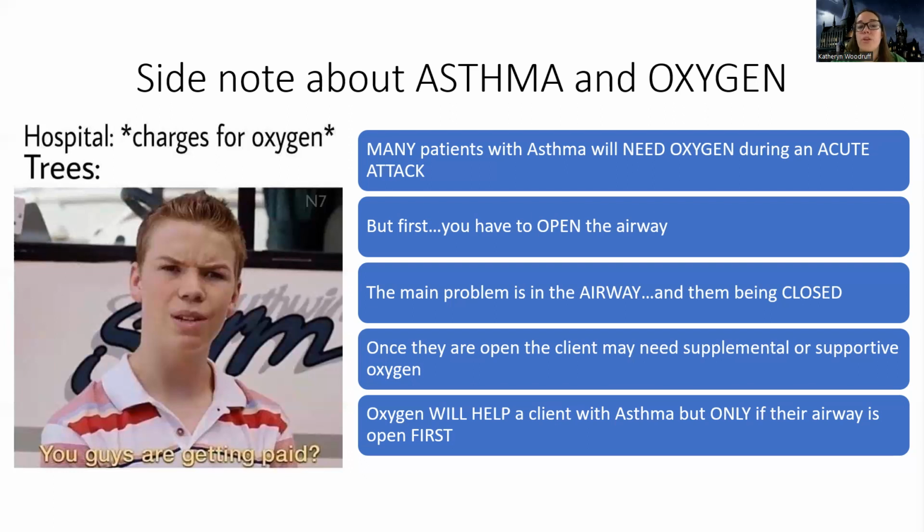So my first priority is always going to be to open the airway first with a short acting beta agonist, and then I can apply that oxygen. So they may need supplemental or supportive oxygen. Their oxygenation may improve once their airway is actually open and no longer constricted. So in other words, oxygen is good. It's a good intervention to choose for a patient with asthma, but it is not as good as something that is going to open the airway.